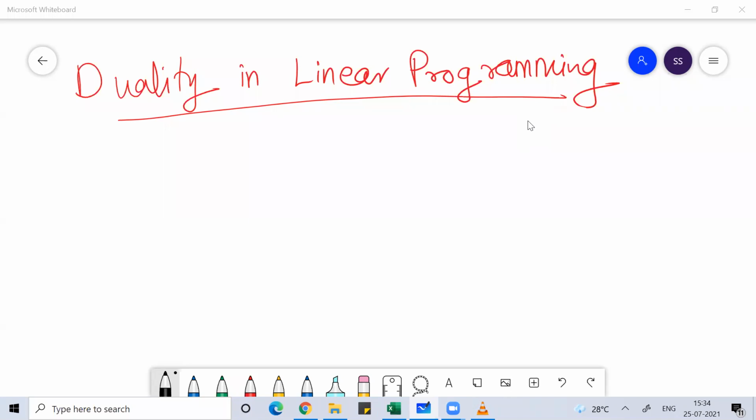Okay. So last class, yesterday, I started my class talking about the BigM method. The BigM method is an alternate approach of solving linear programming problems with the simplex method. We use the BigM method only when the constraints of the LPP are having a greater than or equal to sign.